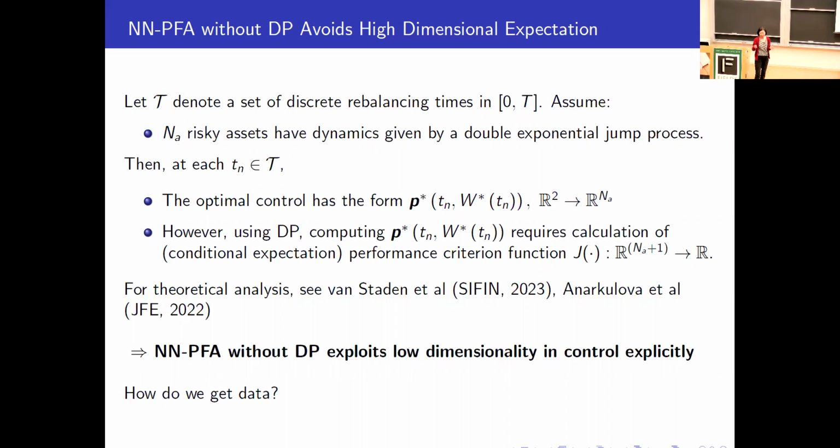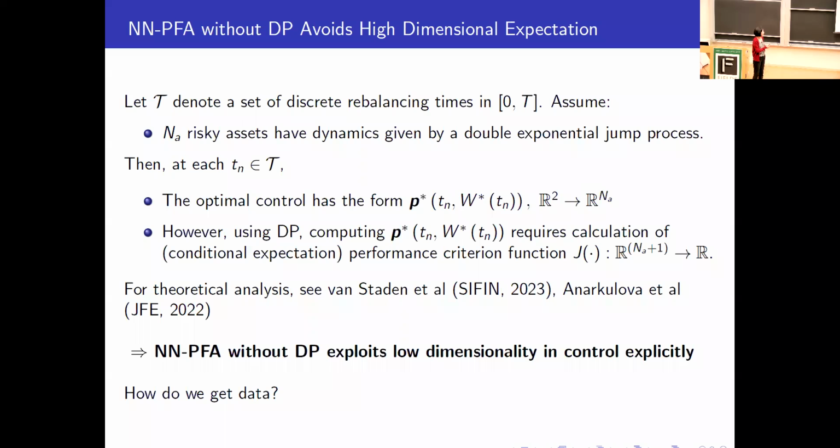Well, besides the fact of the error back propagation issue, potential instability issue, theoretically, this approach actually makes a lot of sense. In fact, essentially what is happening here is that, if you think about this stochastic optimum control problem, right? And if you follow the dynamic programming approach, you're going to require a value function at every rebalancing time. And that value function is obtained by optimizing over a control of a conditional expectation, which is high dimensional.